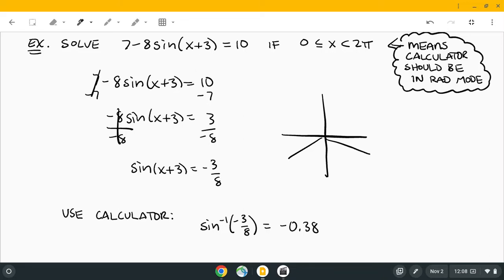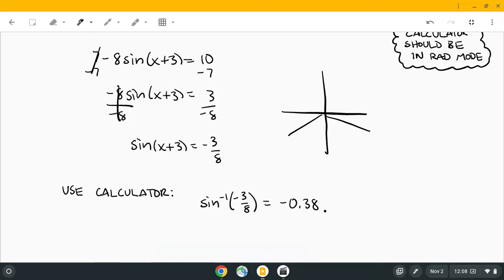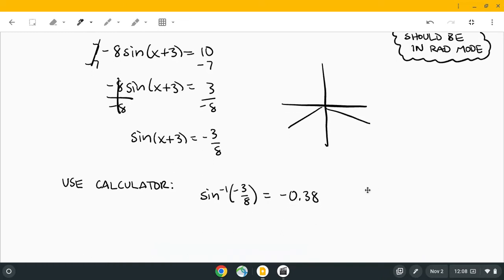So we can't have any negative answers, but we got a negative result here, which tells me at least what the reference angle is going to be for these two. This tells me that the reference angle is positive 0.38. Again, it's radians.